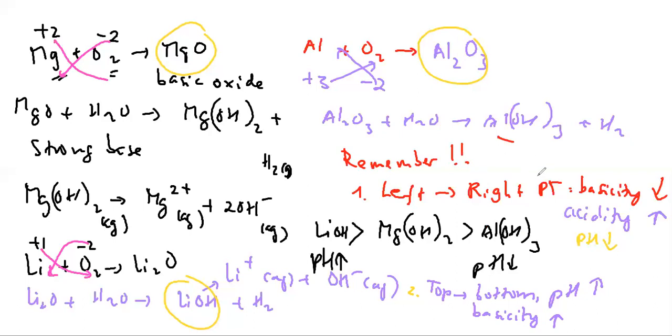If you compare, for example, lithium hydroxide to cesium hydroxide, cesium hydroxide has a higher pH. So the pH of CsOH is higher than the pH of LiOH.